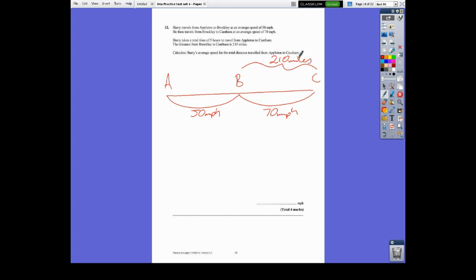We can use the information from Brockley to Canton to work out the time it took. Time is equal to distance divided by speed. That's 210 divided by 70, which would be 3 hours. So it took 3 hours to get from Brockley to Canton. That means that it must have taken 2 hours to get from Appleton to Brockley.